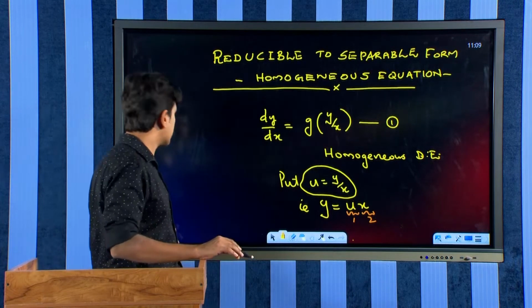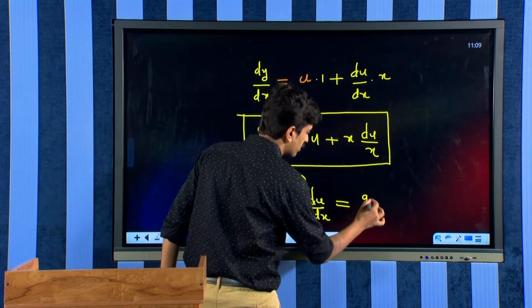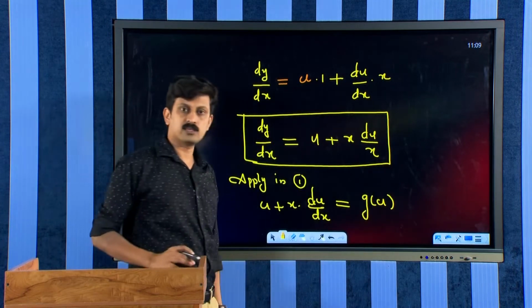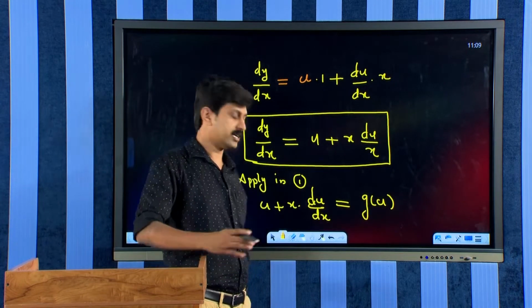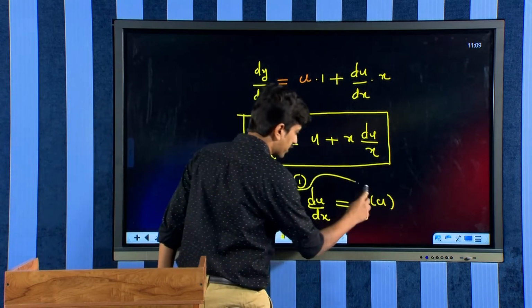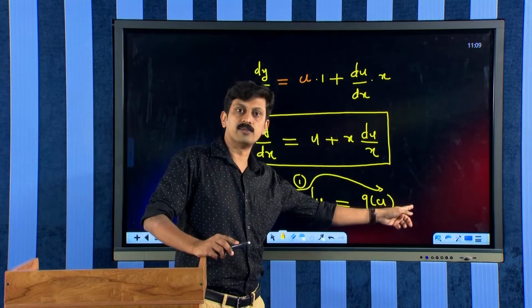So, we have u plus x into du by dx is equal to g of u. We take all terms of u to the right hand side. So, plus u, while coming to the right hand side, will be minus u.